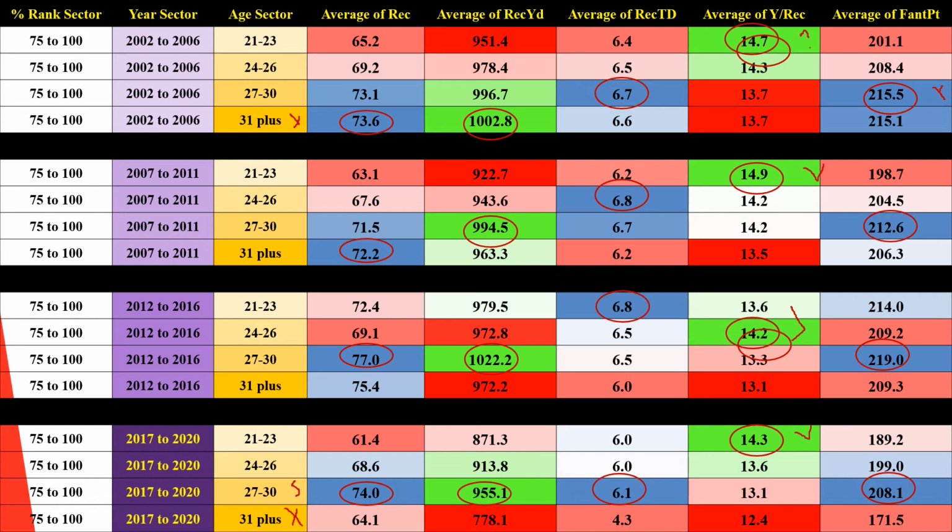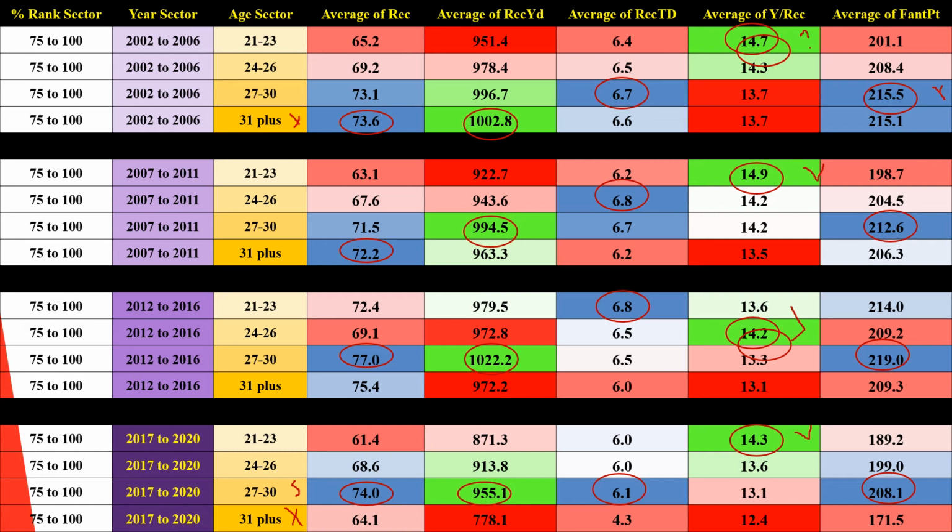I'm not sure, does that balance enough? If they're catching less but getting more yards, is that going to bring enough points home to justify drafting a little higher than you probably should based on the other metrics? There's still some questions there I need to follow up on.